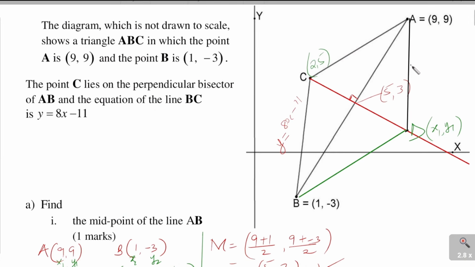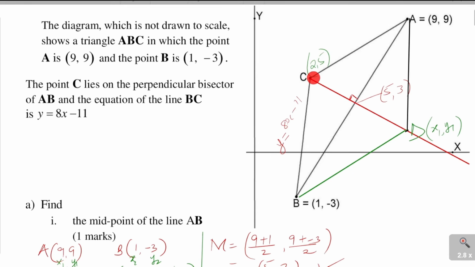We assume D is here. Because it is a rhombus, this perpendicular bisector from C has to pass through D. If this is C and this is D, then this is automatically the midpoint of this line.